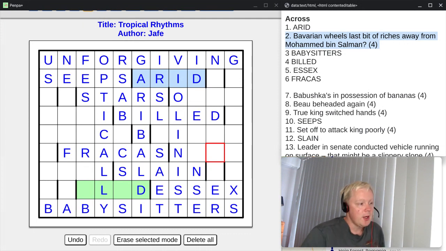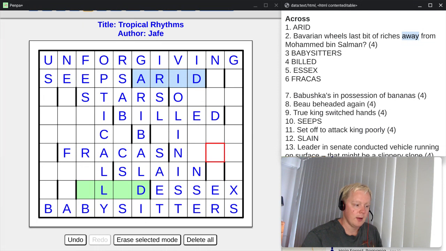Let's see. Bavarian wheels last bit of riches away from Mohammed bin Salman? Last bit of, I think we saw first bit of, or first, I'm not sure, but last bit of something, the last letter of riches is S. That is away, that is removed from, a word for Mohammed bin Salman? Meaning that he's just an example, that there might be other examples, and in this case there are millions.